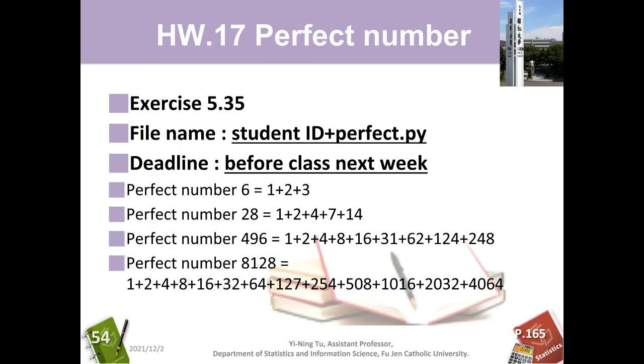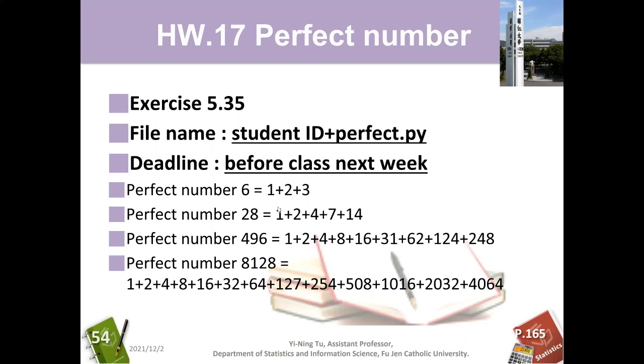So 6 is the first perfect number, and next is 28, because we can count and summarize all of 28's divisor factors, including 1, 2, 4, 7, 14, but not including itself, 28.